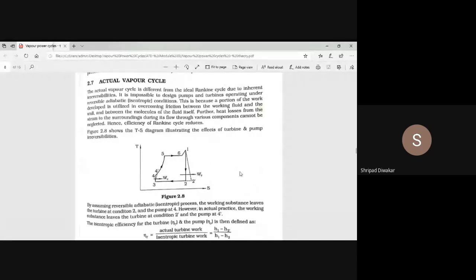Just as you studied the actual turbine and actual compressor efficiency in the gas turbine chapter, here also we are going to study the actual vapor power cycle. You studied actual and ideal gas turbine cycles in module 2. Like that, we have the ideal and actual vapor power cycles in this module. Okay, before that, first you analyze the TS diagram.